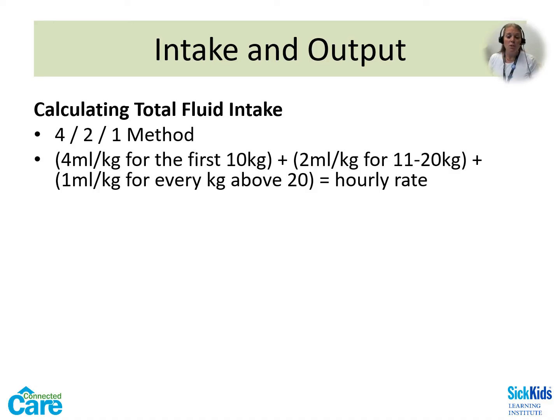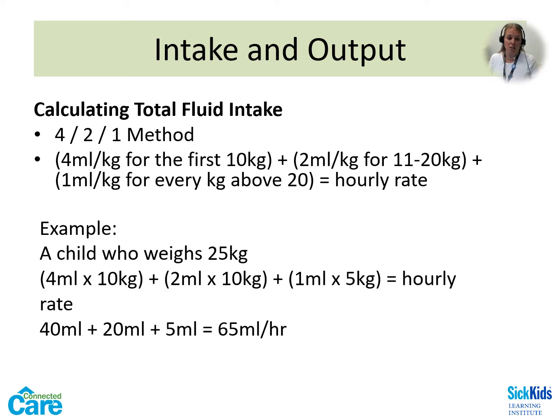A normal urine output in pediatrics is 1 to 2 milliliters per kilogram per hour. One way of calculating the total fluid intake, or TFI, can be to calculate per hour. It can also be calculated for the total day, which we will look at next. To calculate the TFI for each hour, you can look at the 4-2-1 method.